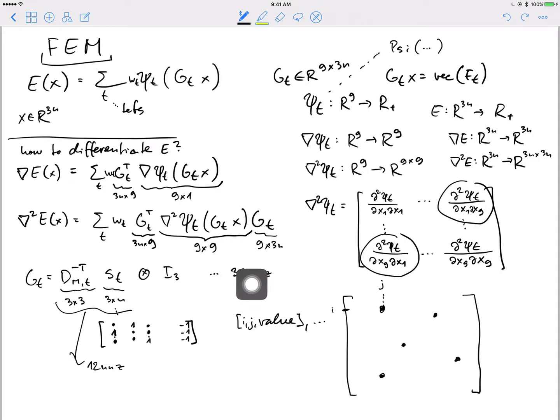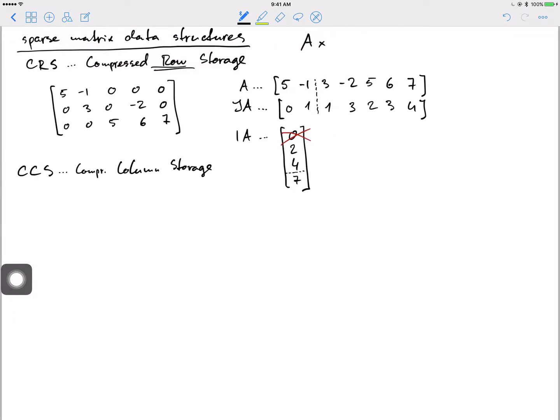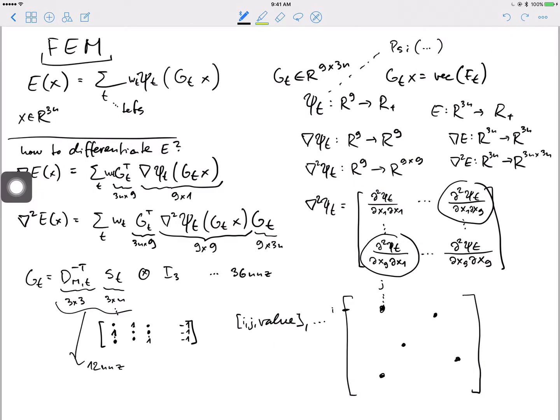So if you are not careful, no matter how well-optimized a library you are using, if it uses the wrong type of storage for sparse matrices, this can be 1,000 times slower than it needs to be. And that's not exaggerating. It really will be that slow.